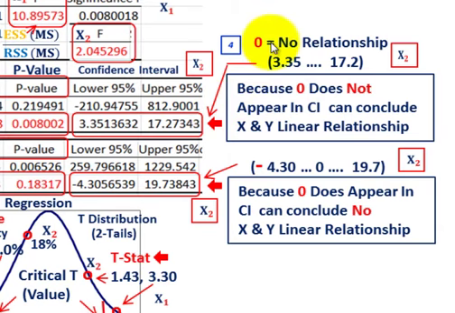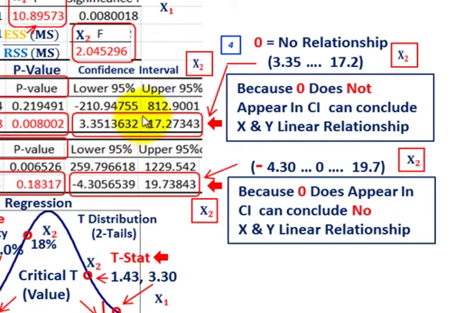So if one of these statistics, if there's 0 sitting between the lower and upper bounds of your confidence interval, if 0 sits somewhere in that range, then you don't have a relationship. So for x1, what are our bounds here?